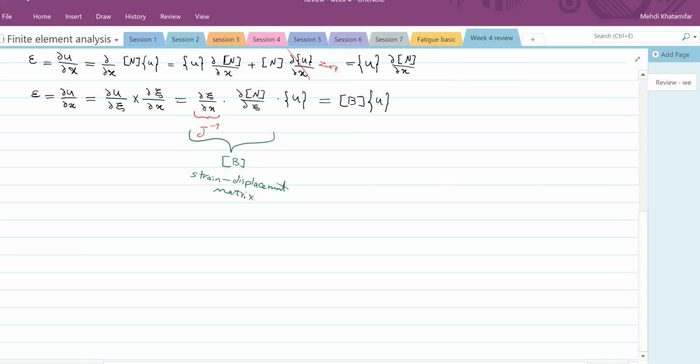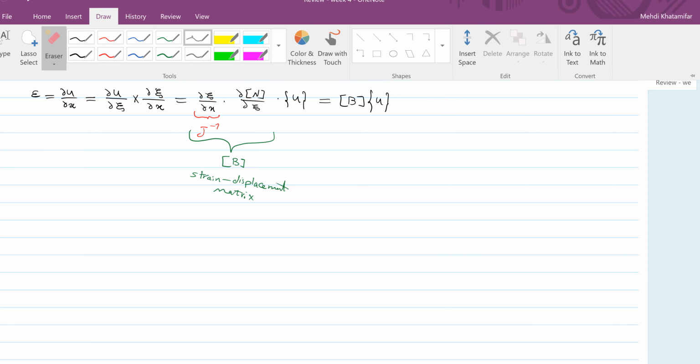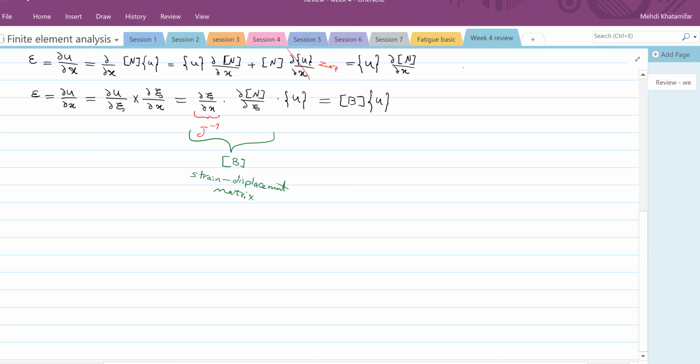I said epsilon is going to be du d eta times d eta dx. So let's find the first one, du d psi. I'm calling this psi, eta sometimes, sorry.